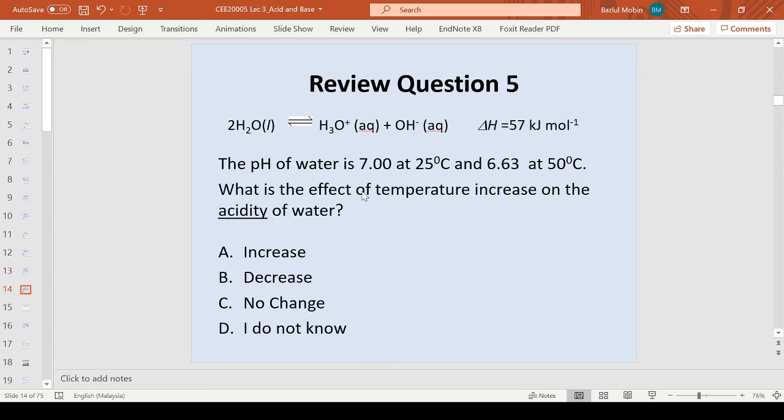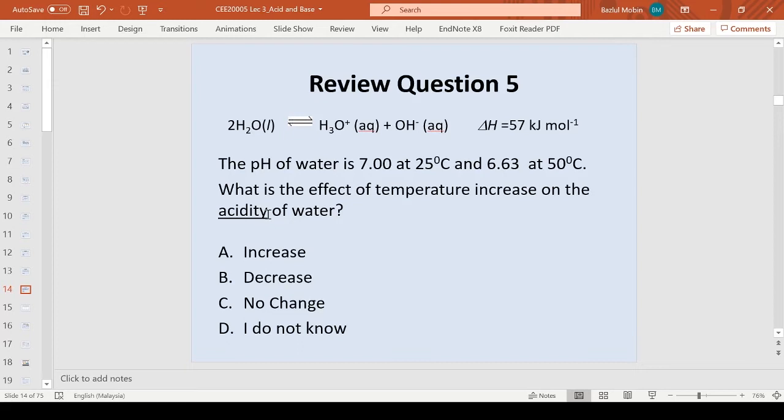For question number 5, the pH of water is 7 at 25 degrees and 6.63 at 50 degrees. What is the effect of temperature increase on the acidity of the water? Now, acidity is how much of the hydrogen ion or hydronium ion there is in relation to hydroxyl ion.